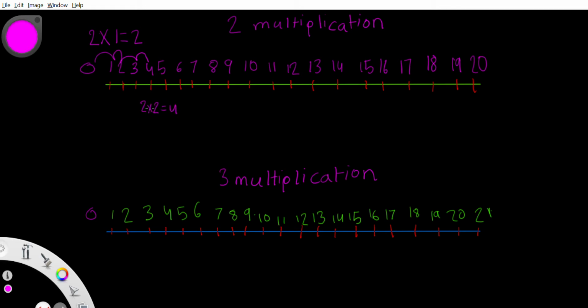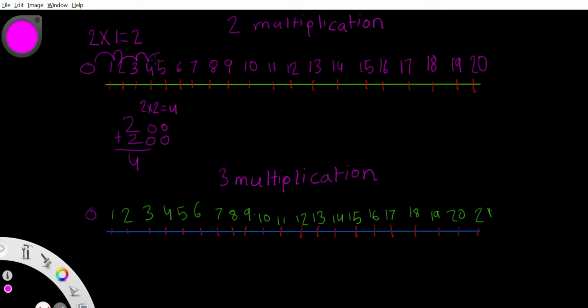If you want to clarify, you can also say 2 times 2 also means 2 plus 2, because there's two 2's, which would be 4, because 1, 2, 3, 4. So that's how you can clarify them.